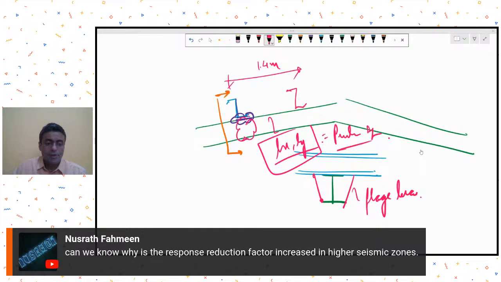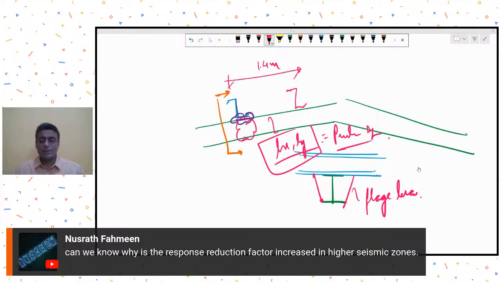Then Nusrat Fahmeen is saying, can we know why is the response reduction factor increased in higher seismic zones? Very good. I think you need to study some basics about it.